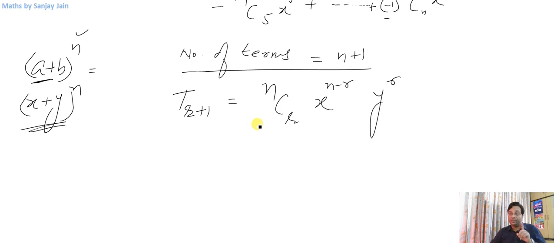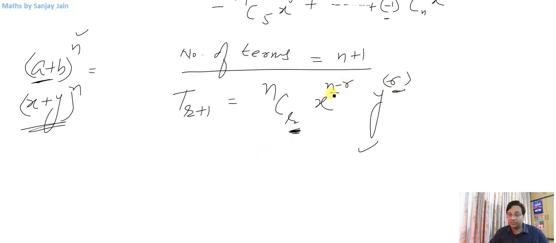We noticed in every term, in the second term we had NC1, in the third term NC2, in the r plus 1th term NCr. And whatever we have got here, we raise this to that same power, and x will have n minus this power. Why?